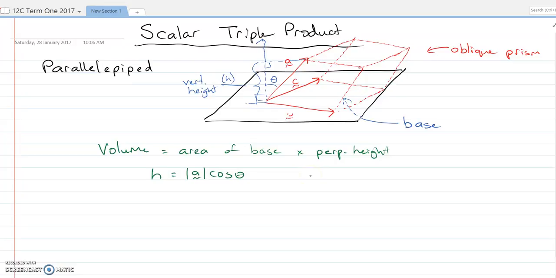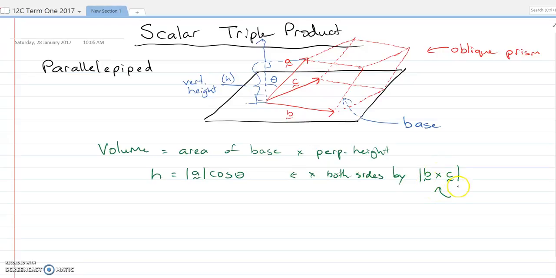Okay, now if I multiply both sides of this equation by the magnitude of the vector cross product of B and C.